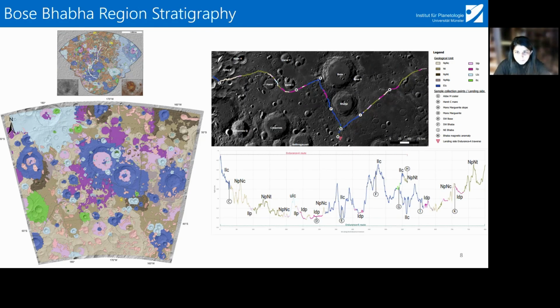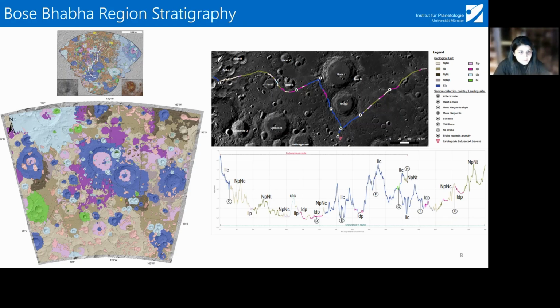We see that we collect a lot of material from Bhabha-Bose crater as well. There would also be material from the older plains that I mentioned before, that could be SPA melt material, maybe. And luckily, there will also be samples that could be collected from the mafic mound or this unit.